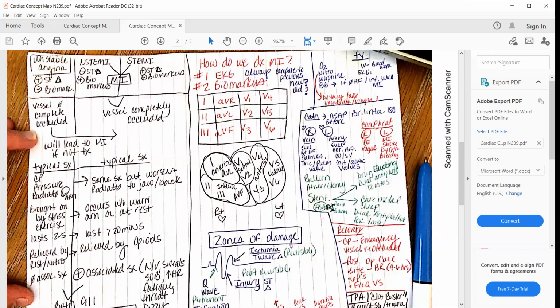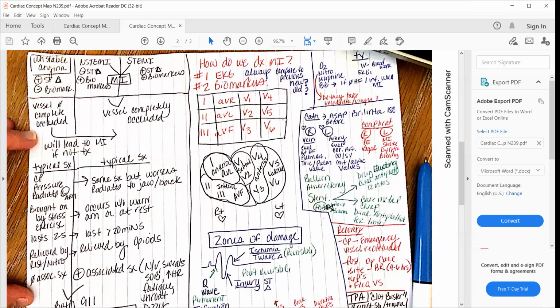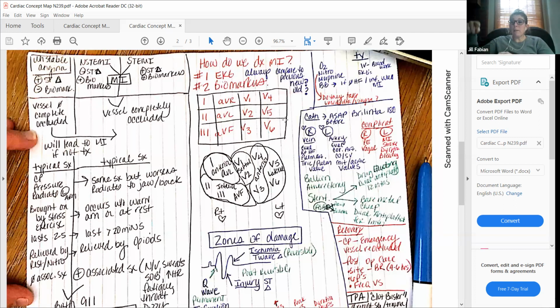I have a question. Yeah. So we learned last semester about unstable angina or whatever. I thought that was the one that was, I'm sorry, not unstable, stable. Stable. Yeah. Like I thought that unstable was like all the time, like your chest just always hurt. No. So stable angina, those patients will have chest pain.